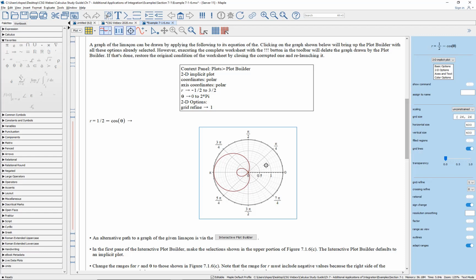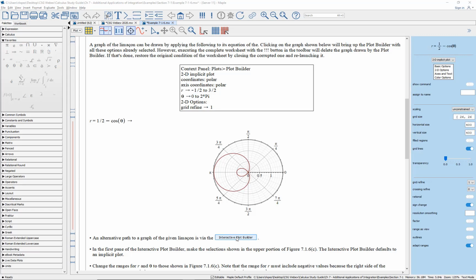Now, here we have the graph, and here you see the plot builder with all of the options. If somebody using this worksheet should happen to click this execute all button, executing the entire worksheet, this graph will disappear. And so these are the instructions for how to rebuild this graph if, unfortunately, it disappears.